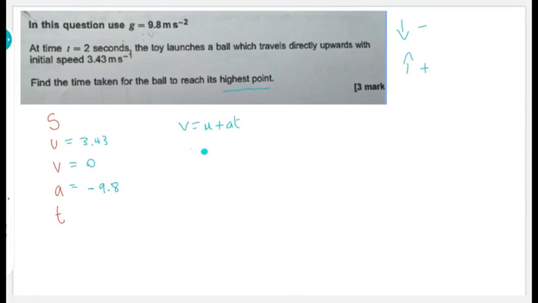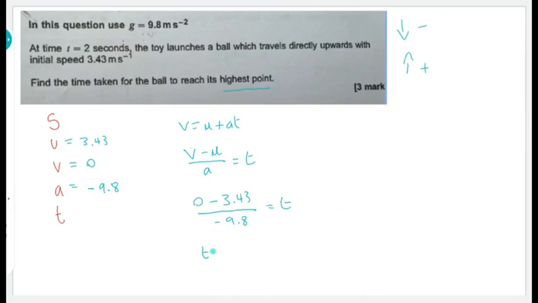We could substitute in the numbers now and then rearrange for t, or we could rearrange first. I think I'm just going to go for the option of rearranging. So v minus u over a equals t. So I've got 0 minus u, so minus 3.43, all over minus 9.8 is equal to t.